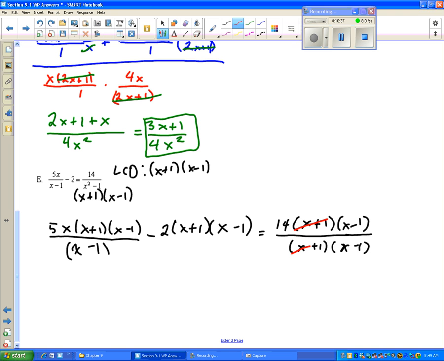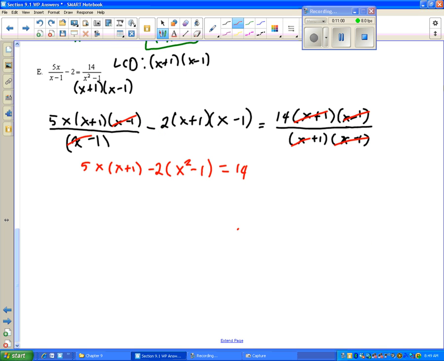So these x plus 1's cancel. These x minus 1's cancel. Here, this x minus 1 cancels. So I end up with 5x times x plus 1 minus 2 times, I'm going to go ahead and FOIL this out, x squared minus 1 is equal to 14. Okay. So at this point, what I want to do is distribute this. 5x times x is 5x squared. 5x times 1 is plus 5x.